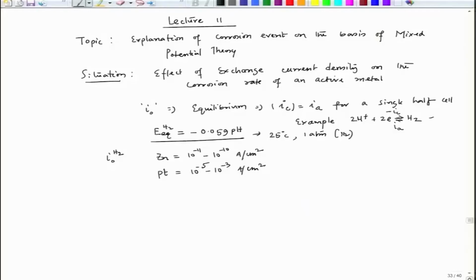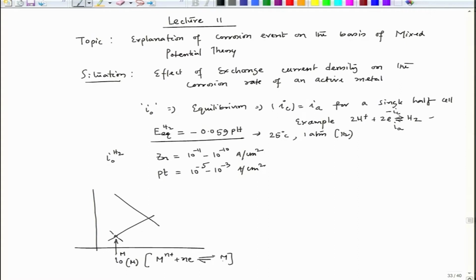Now, for example, if I consider some metal, it has some exchange current density. Let us say this is I 0 of metal over metal surface, and here M to M n plus plus n e, and this reaction is considered, and this is my E equilibrium of that metal.